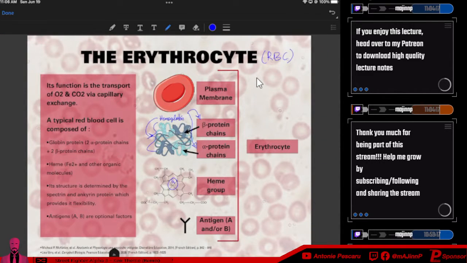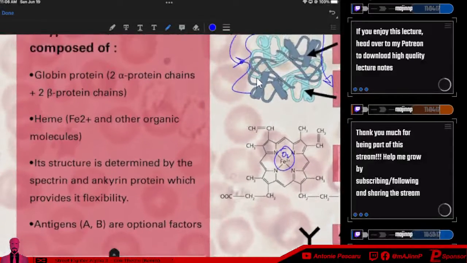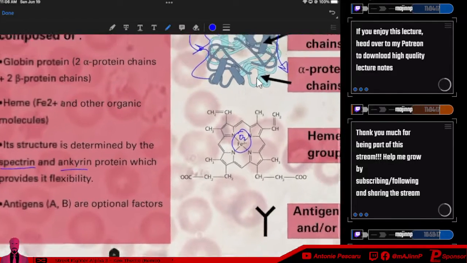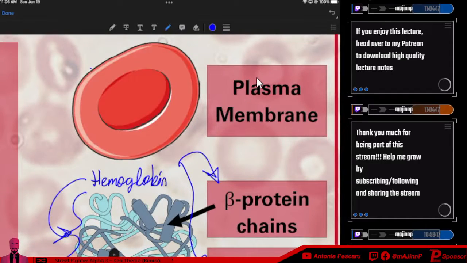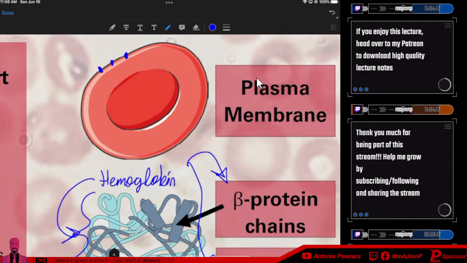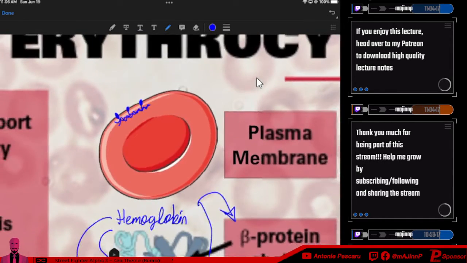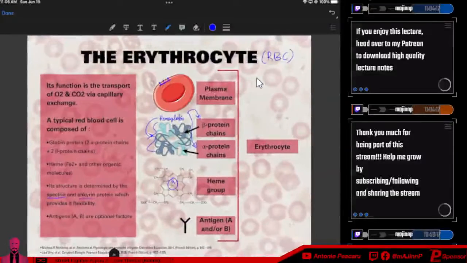The structure of the globin protein, the heme group, and also we're going to get into the structure of the ankyrin and spectrin proteins, which allow the red blood cell flexibility. The ankyrin protein is, if I'm not mistaken, right here on the edge of the plasma membrane, while the spectrin keeps it in place like this, and they're both attached to each other, which allows the erythrocyte more flexibility.